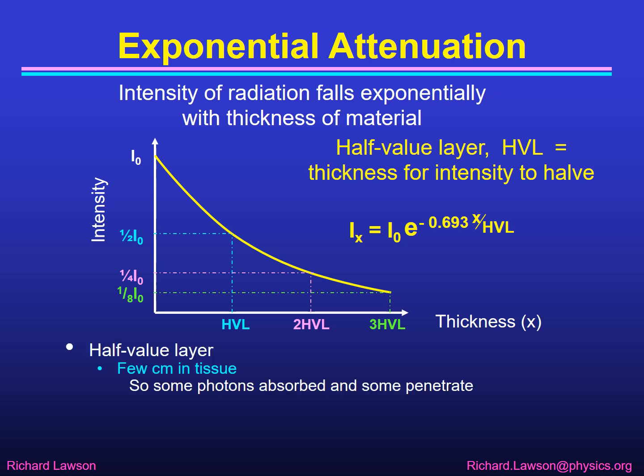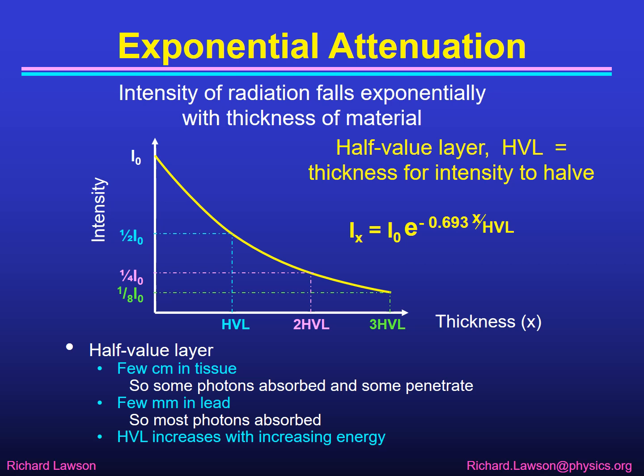So typically in tissue, the half-value layer for typical energy of gamma rays or X-rays is a few centimeters. So some photons will be absorbed and some will penetrate. In lead, the half-value layer is a few millimeters, so if you've got a reasonable thickness of lead, that will stop most X-ray or gamma ray photons, but not necessarily all of them.